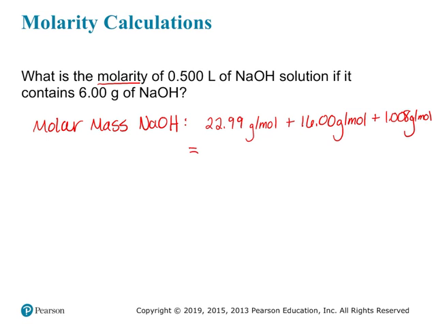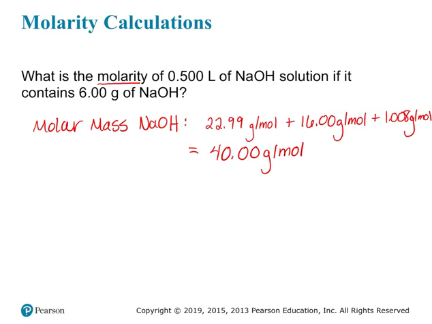All right, so I'm going to plug this into my calculator. So 22.99 plus 16 plus 1.008. All right, so I get 40.00 grams per mole. Or you might have 39.99. It kind of depends on what your periodic table gave you for the masses.